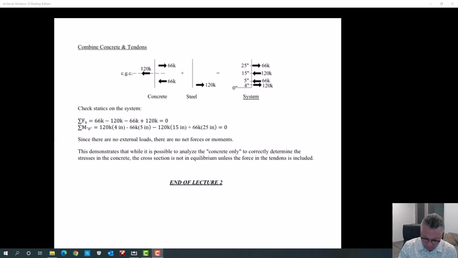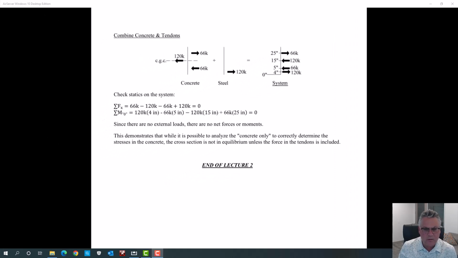But not until we throw everything back in the pool do we get statics in the section. So, okay, we're going to stop now. I want you to think about that. And in the next lecture we're going to move on to something that hopefully completely shows you definitively why the equivalent load method is the superior and really only method that we can use as soon as things get even slightly complicated.